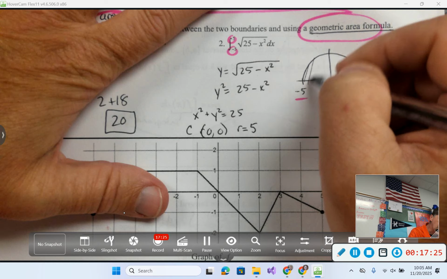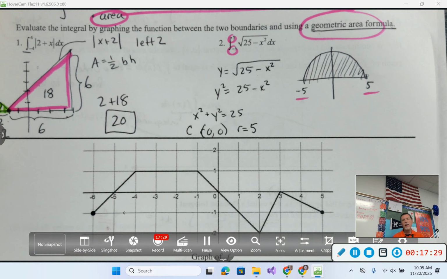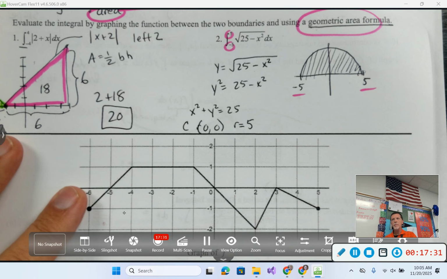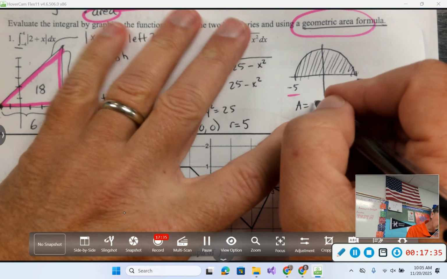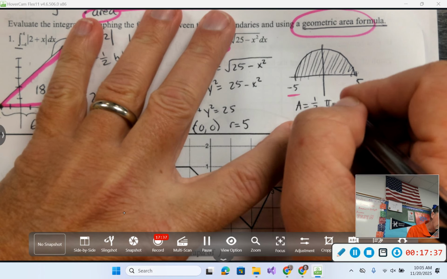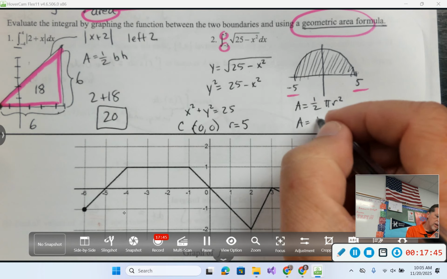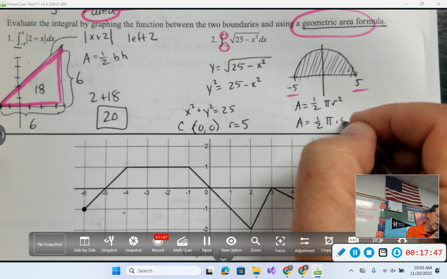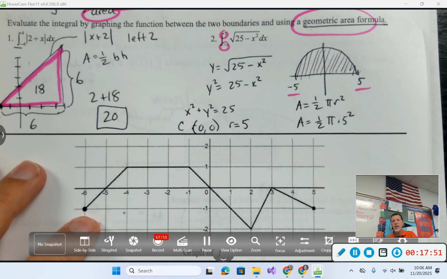So the area it wants is the area of that semicircle. So that would be half. So the area of a semicircle would be 1/2 pi times 5 squared. And you could leave that as an answer like that, right? Safe stop.